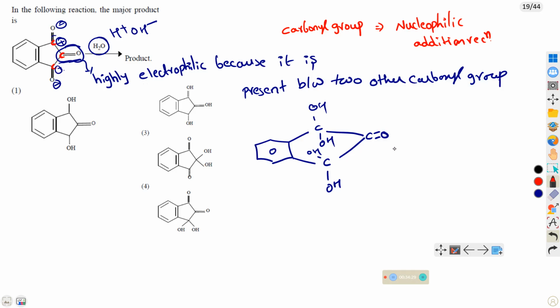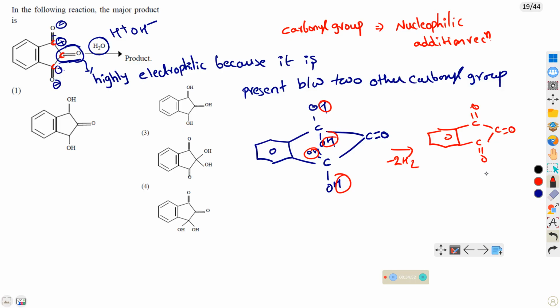Gem diol, highly unstable. It loses a water molecule again. Remove the water molecule. Again what is formed? It gives C=O, C=O, C=O. Okay.